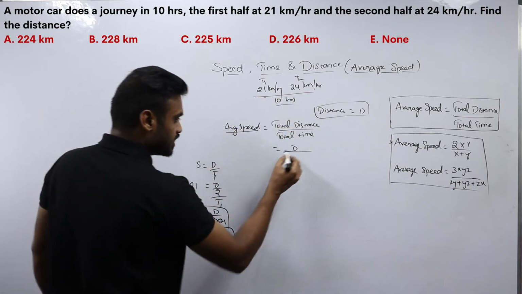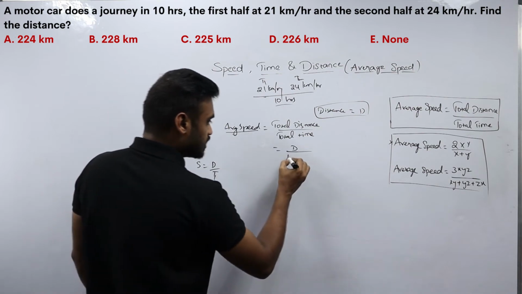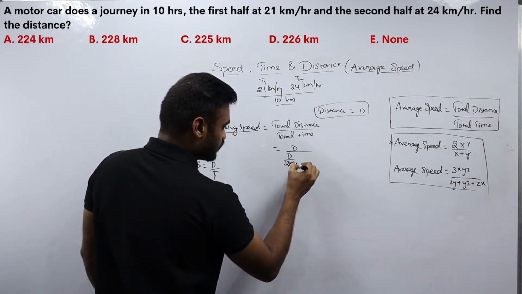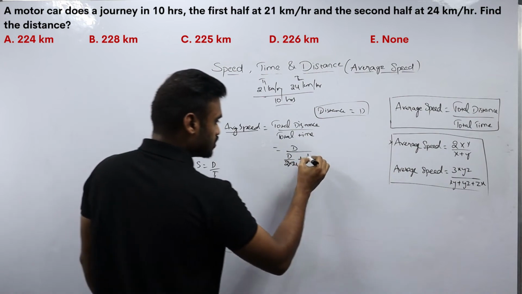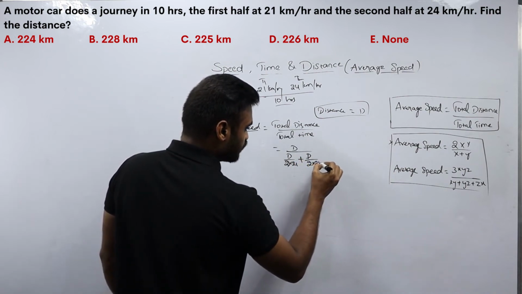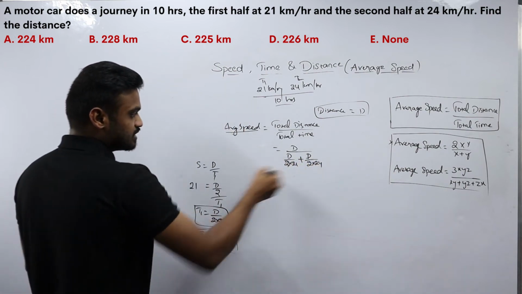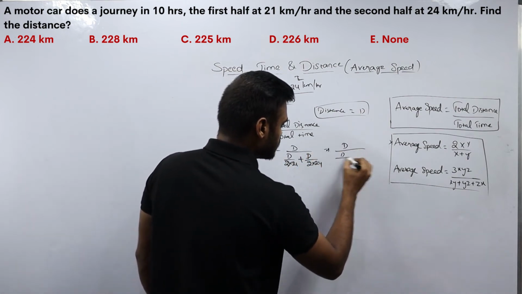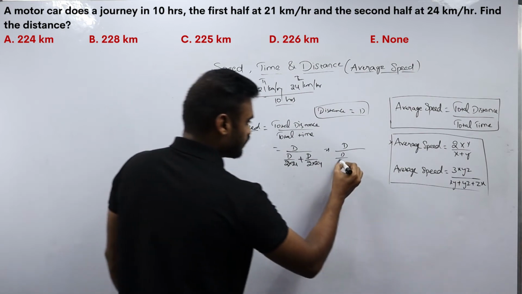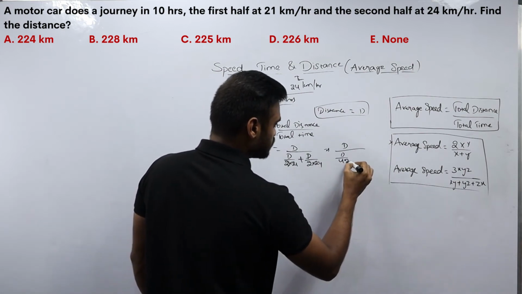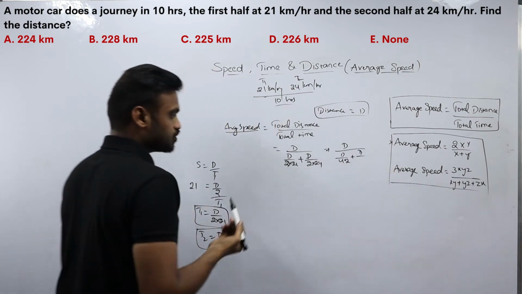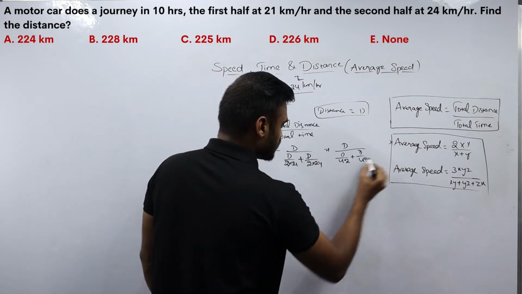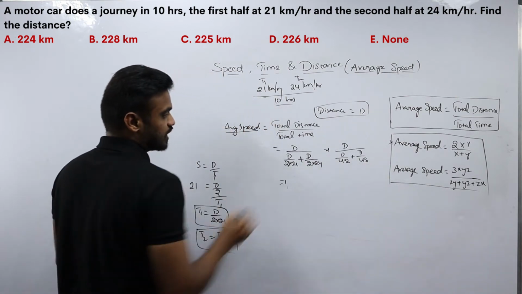See here, d by 2 into 21 plus d by 2 into 24. Now if I take the LCM, I will get d by 42 plus d by 48.